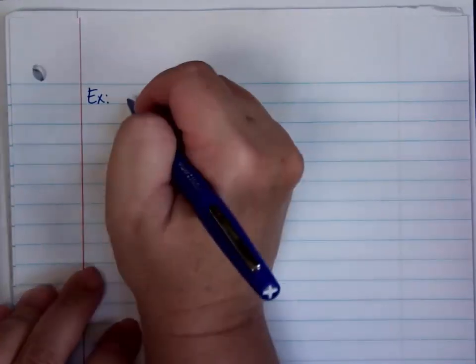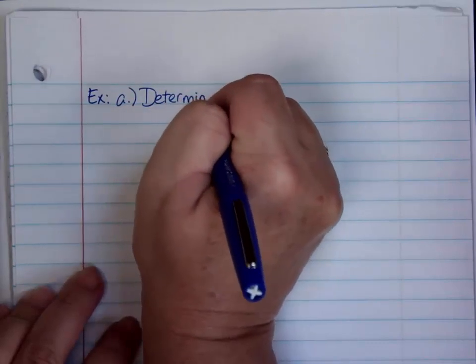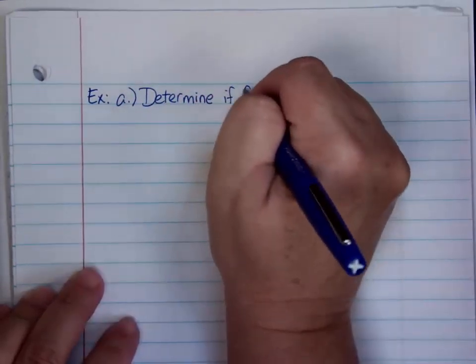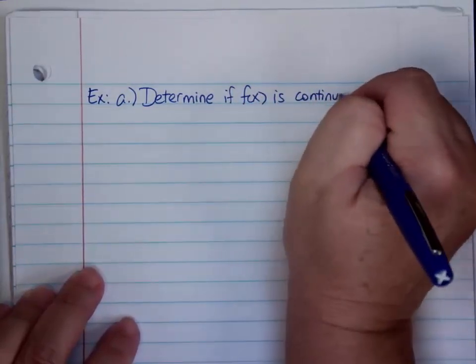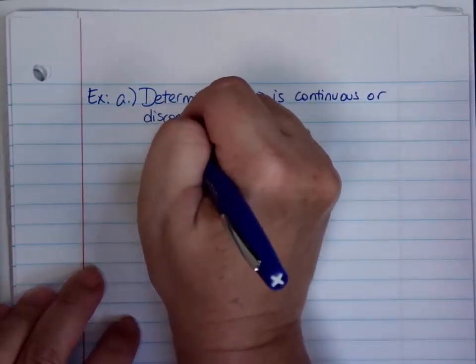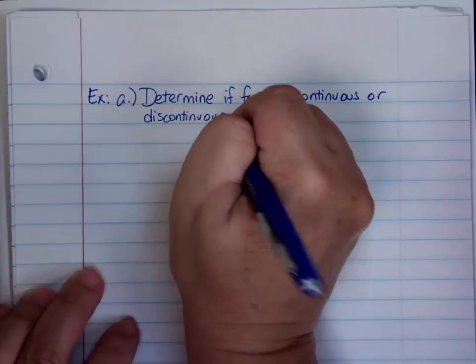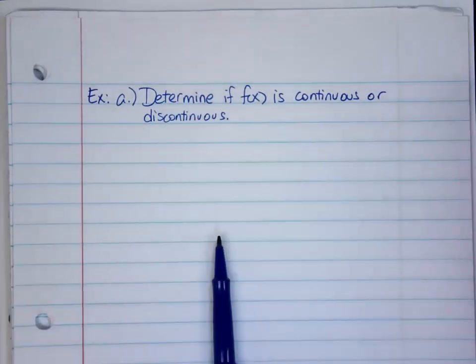Here is what it's going to look like. Example. I'm very crooked. There we go. Part A is going to say determine if f of x is continuous or discontinuous.